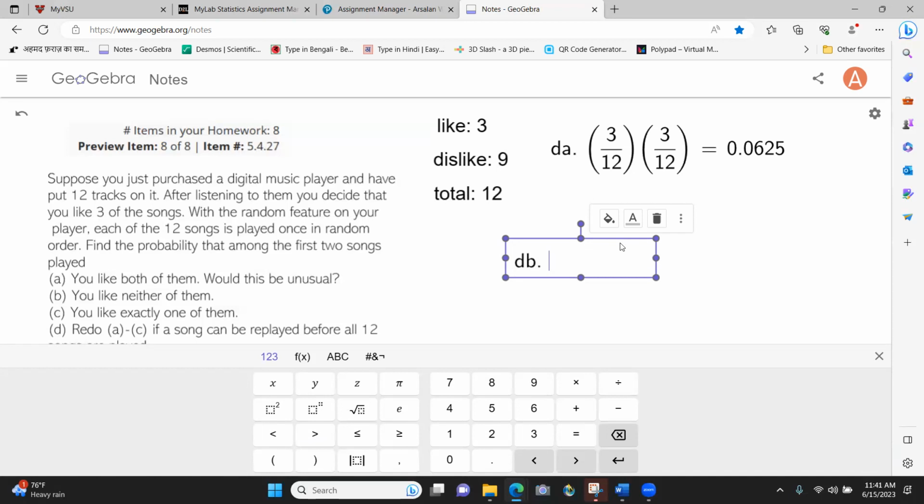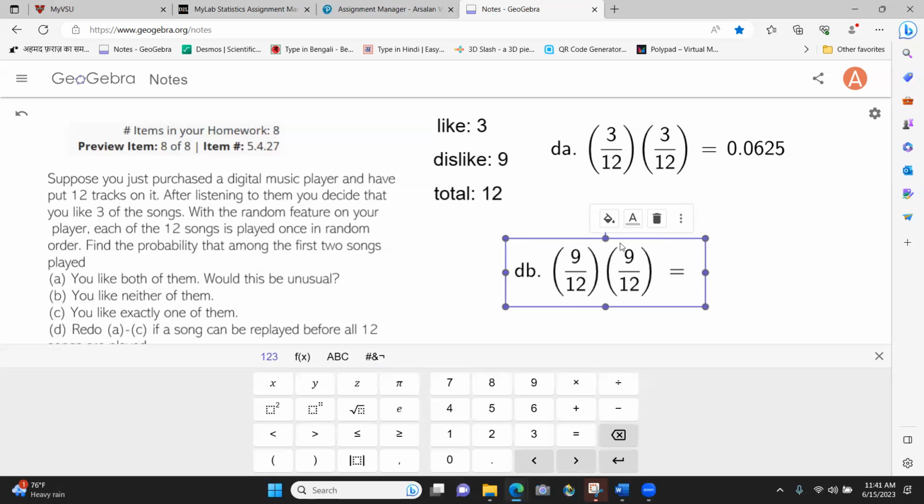You like neither one. That's very similar. There are nine bad ones. The first one, the probability that you'll get one of those is 9/12. Now, these are independent events. When you pull one out, the computer doesn't know. The next one is randomly selected again out of 12. That's also 9/12. And what is this equal to?